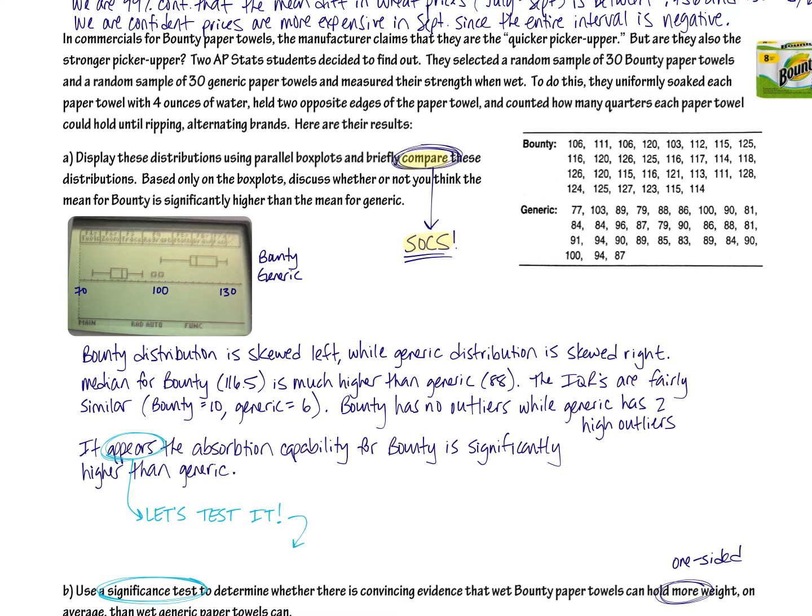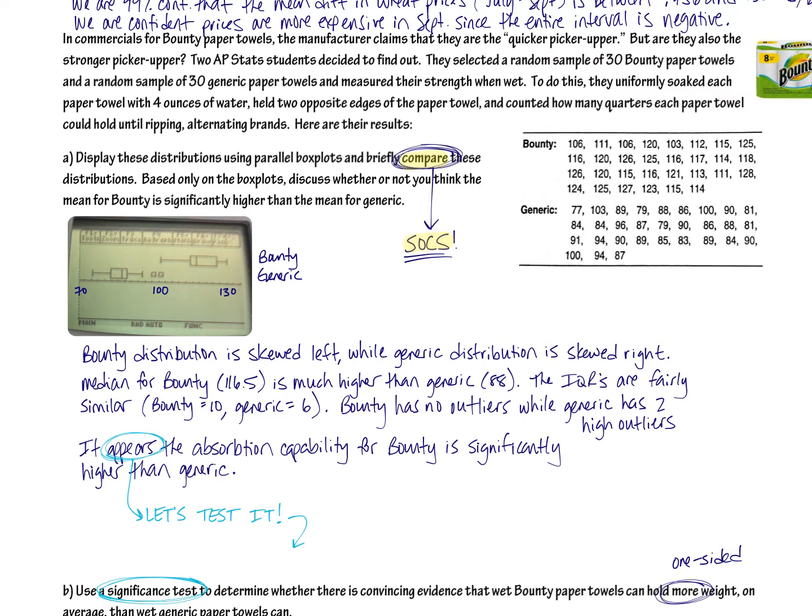You can pause the video, you can copy this down. In your calculator, it's always a good idea to give data to support what you're saying if possible. So you can come up with the median for Bounty really quickly. This number right here in the box plot, remember your calculator can give you one variable statistics for all of this Bounty data. The median's 116, which is much higher than the generic, which is only 88. IQRs are fairly similar.